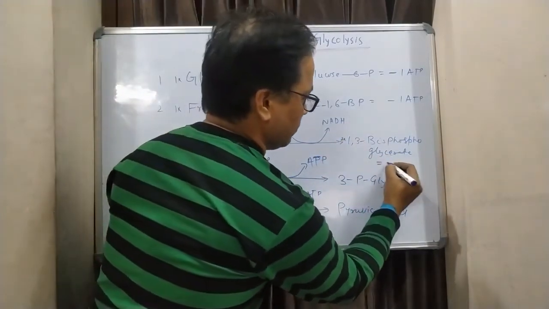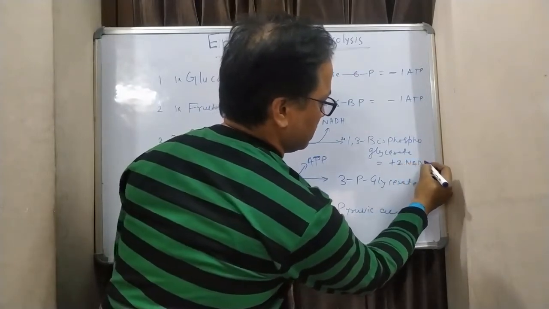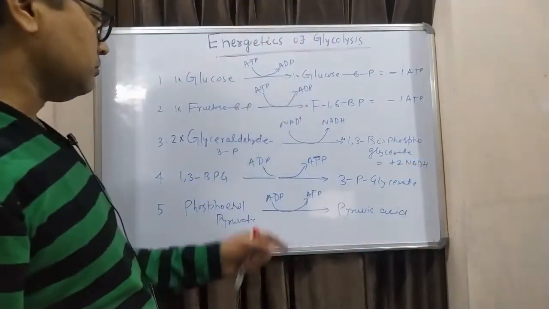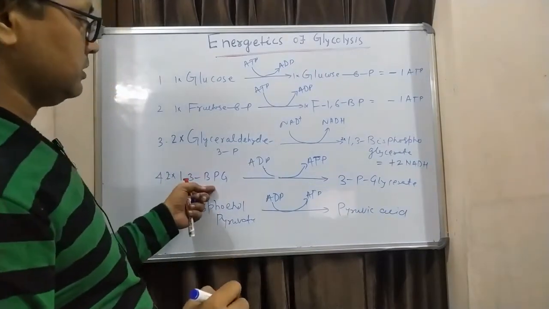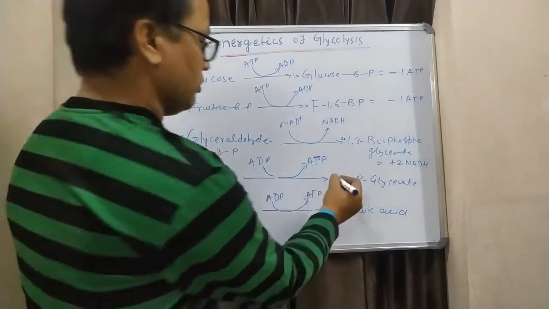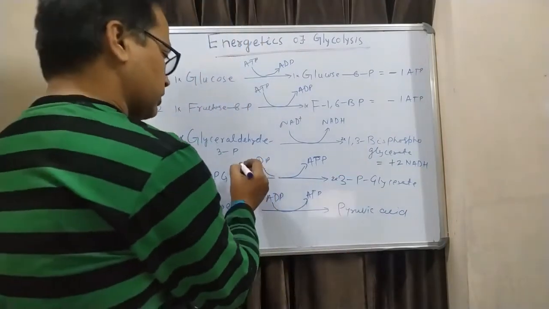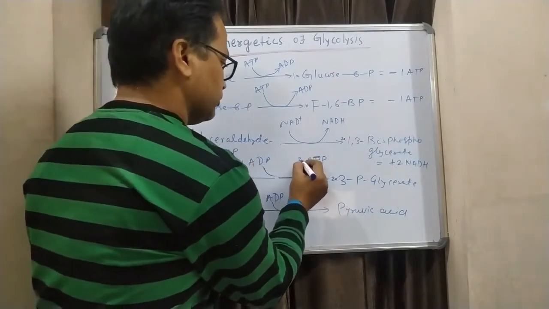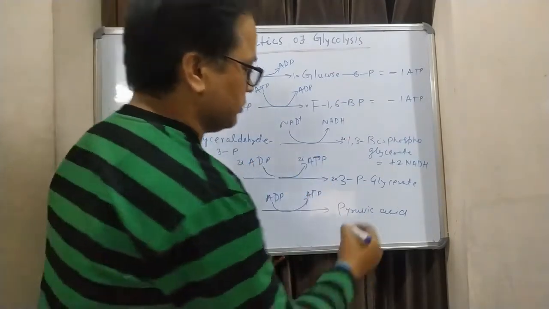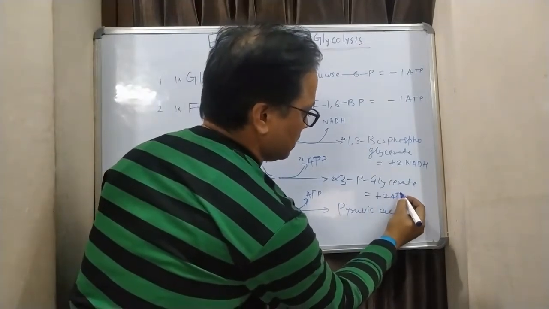These 2 molecules of 1,3-bisphosphoglycerate are converted to 2 molecules of 3-phosphoglycerate, using 2 ADP and giving you 2 molecules of ATP. So the ultimate gain was plus 2 ATP.